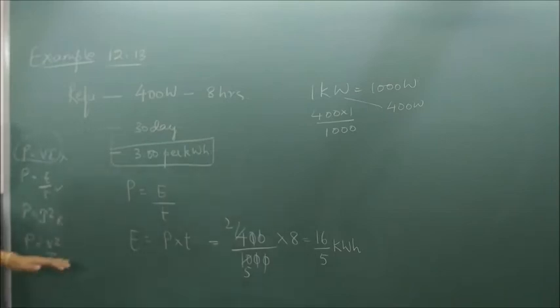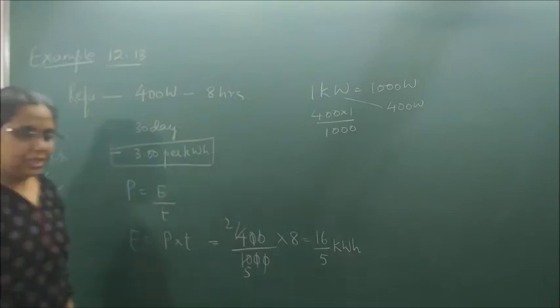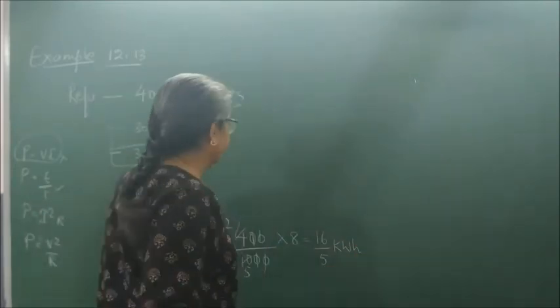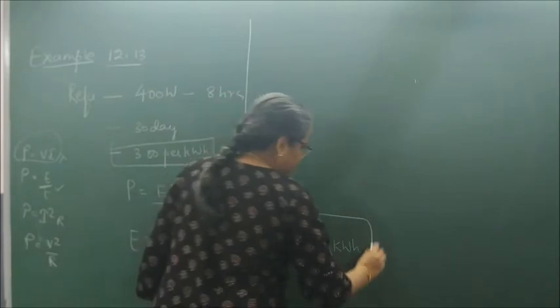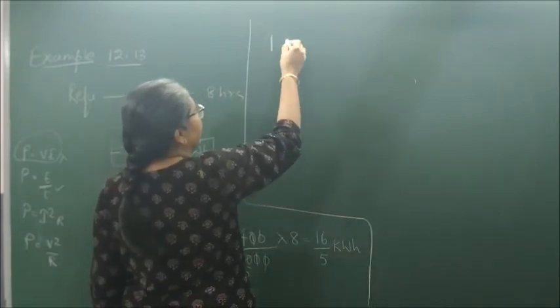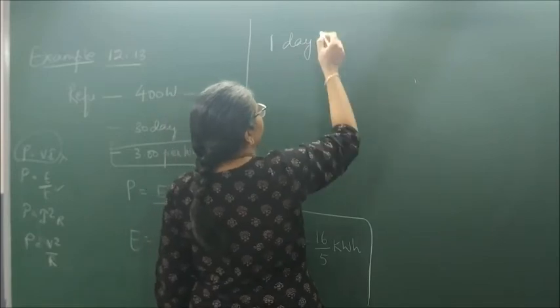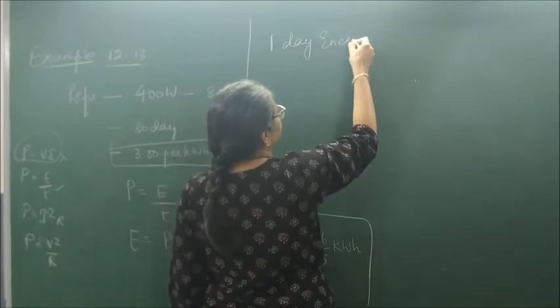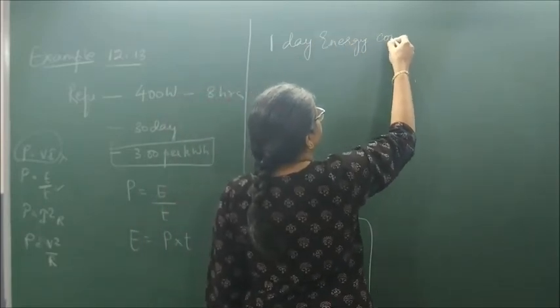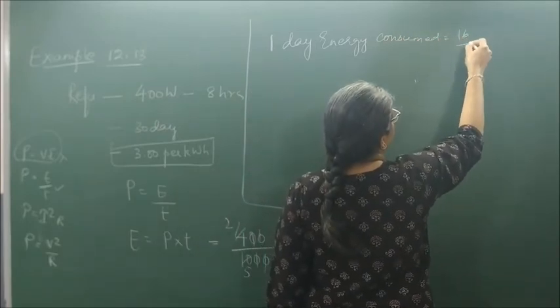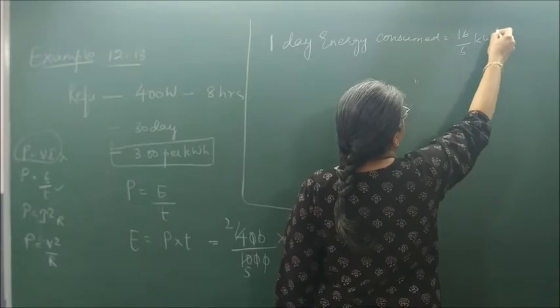Correct? This is used for how many days? 1 day. So I will say for 1 day the electrical energy consumed is how much? 16 by 5 kilowatt hour.